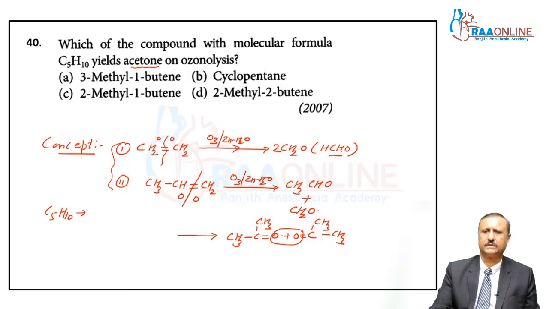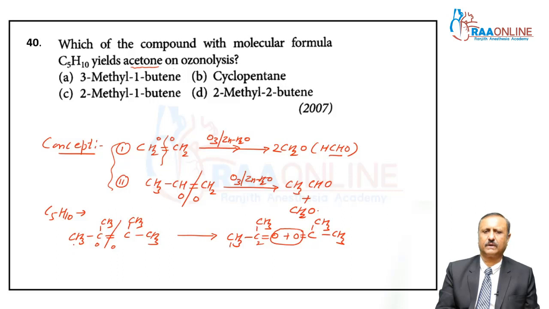So these alkenes are present. You can see here CH3, CH3 double bond CH3 and CH3. This compound also gives ketones.